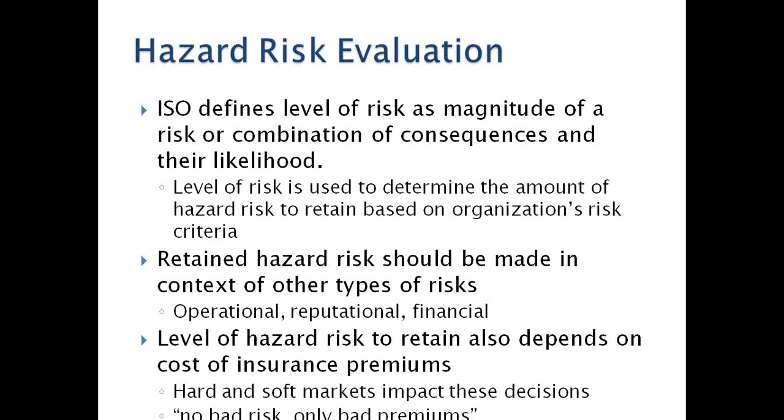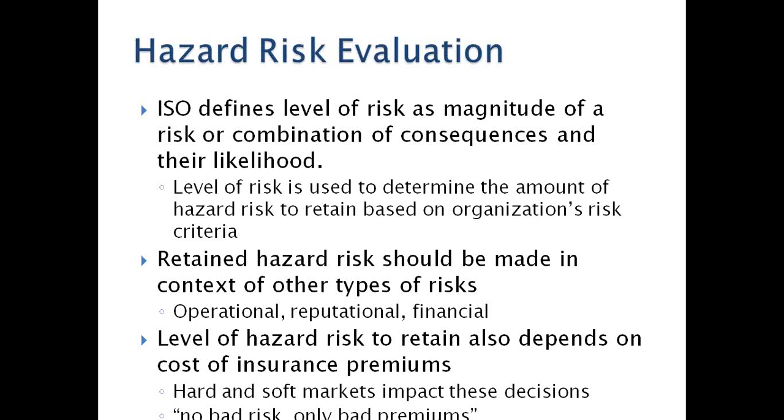So when people hear or talk about a hard and soft market, basically a hard market means that the insurance companies can really charge whatever they want because the availability of reinsurance or other things is very limited.